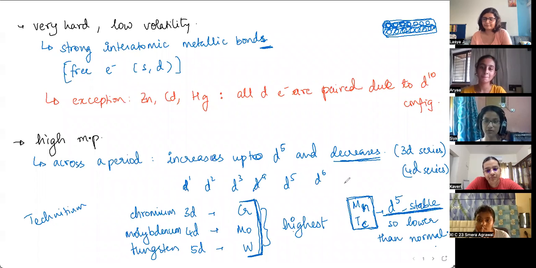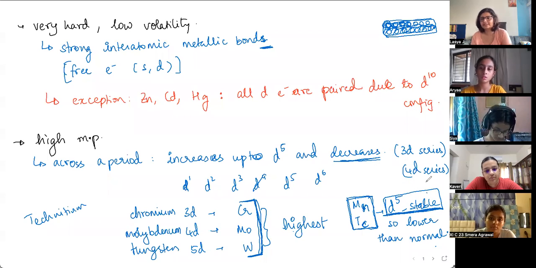So up to d5 means up to manganese it increases, and technically the same should be the case, but chromium also has d5 with s1, while manganese has d5 and s2, a stable electronic configuration. That's why there's a dip at manganese. That's why I asked you guys to correct it, and I've corrected it and mentioned it separately.